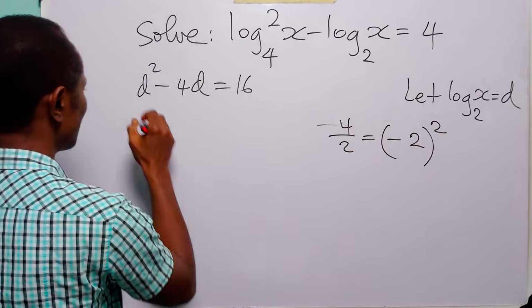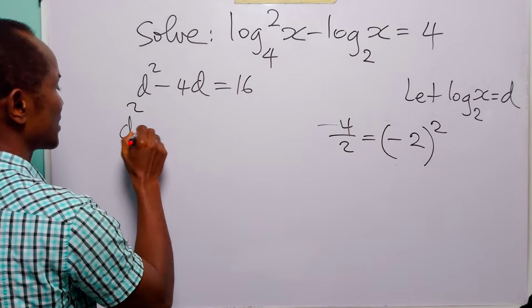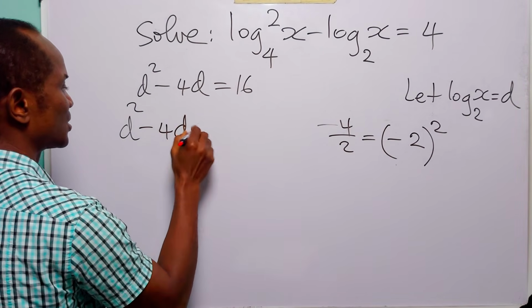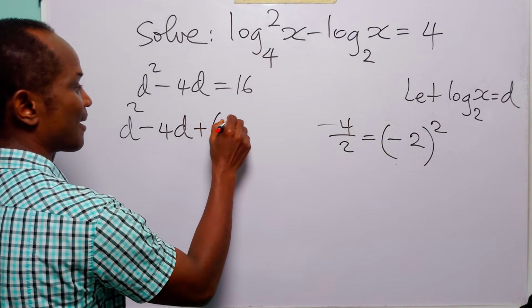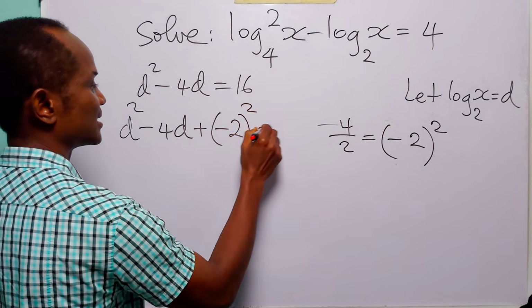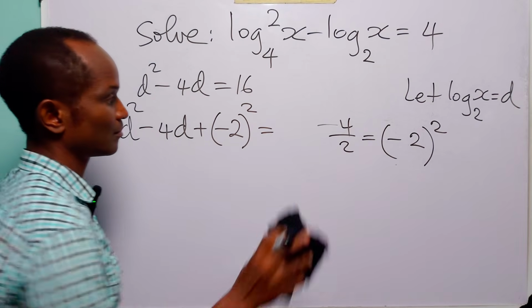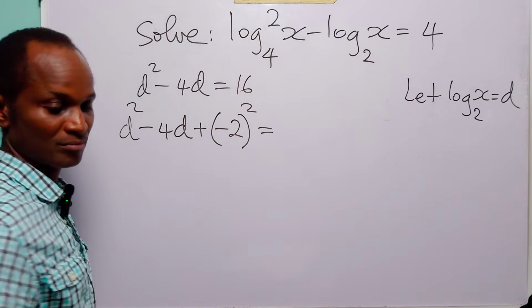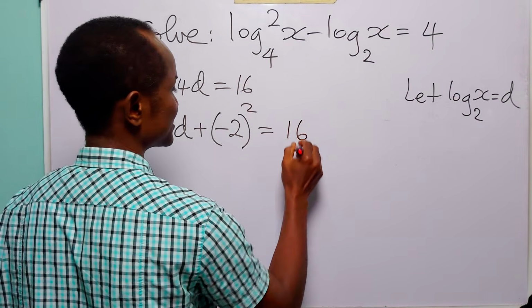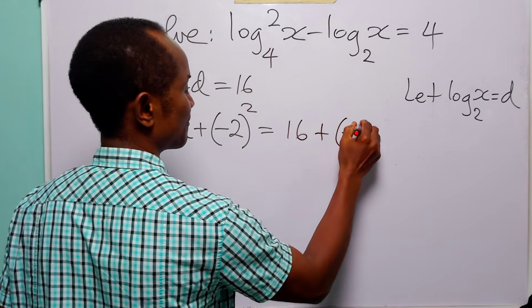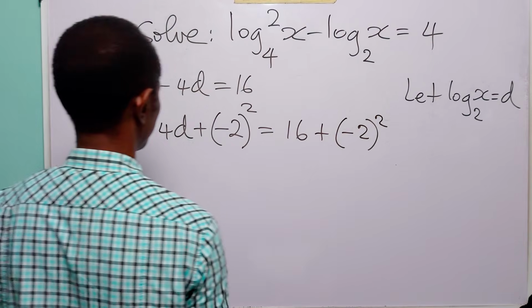When we do that, we have d squared minus 4d plus minus 2 squared is equal to 16 plus minus 2 squared.